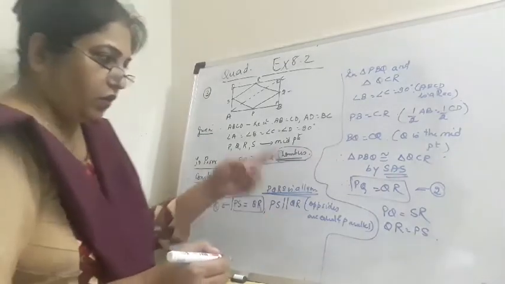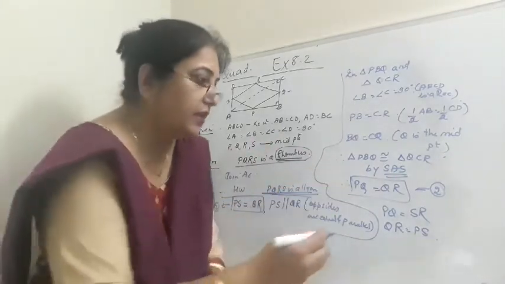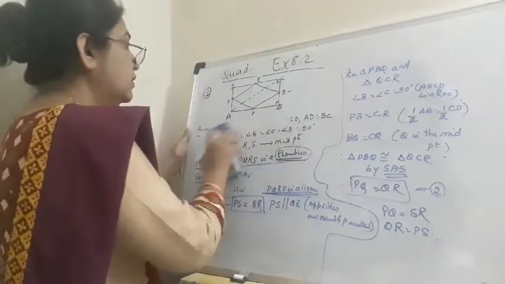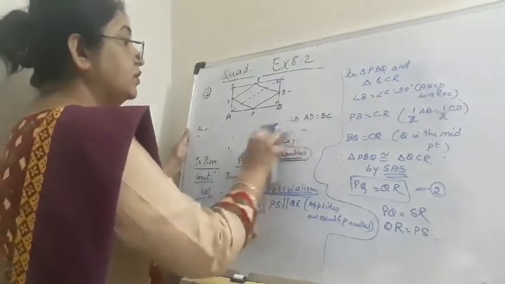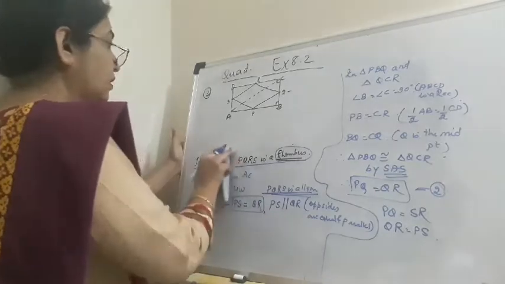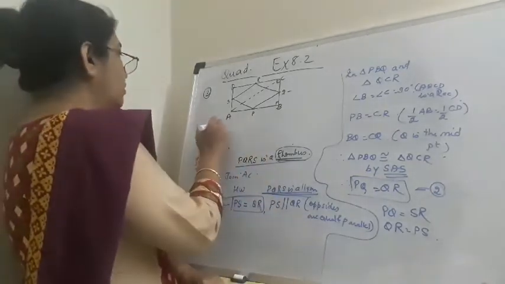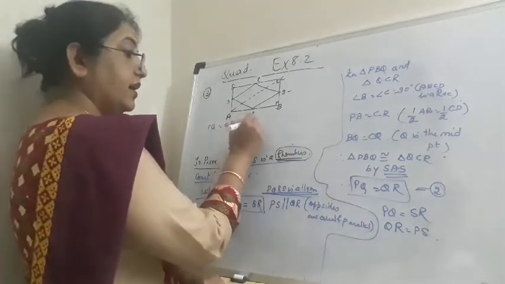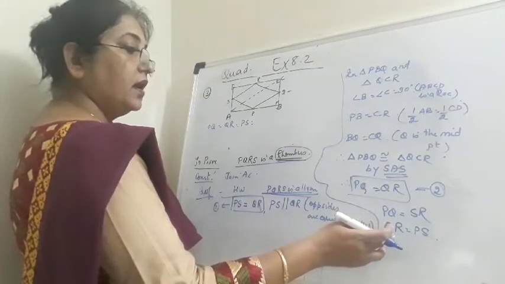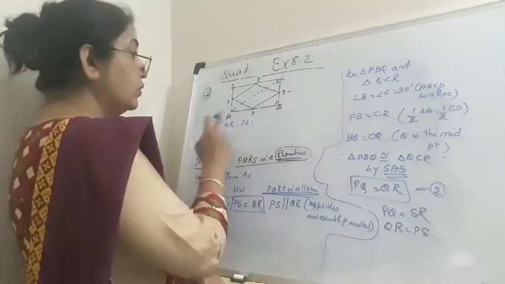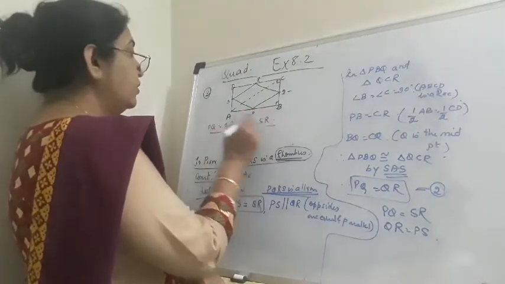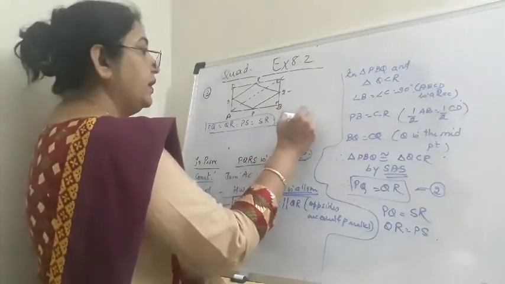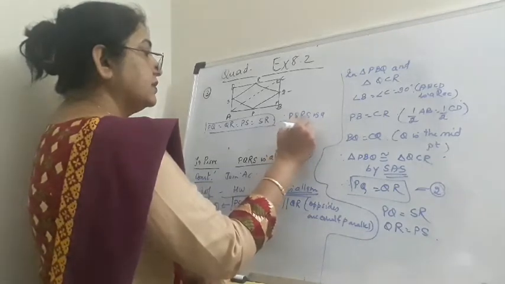Now, combining all the three equations, we know PQ is equal to QR, QR is equal to PS, and PQ is also equal to SR. So therefore, when all the four sides of the quadrilateral are equal, PQRS is a rhombus.